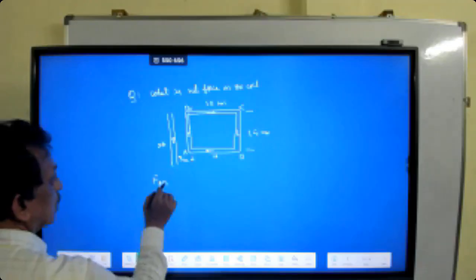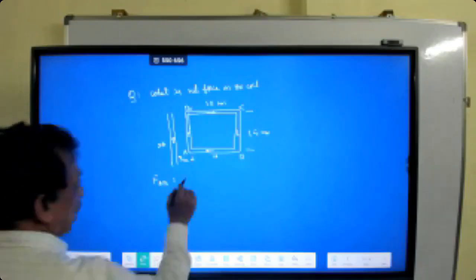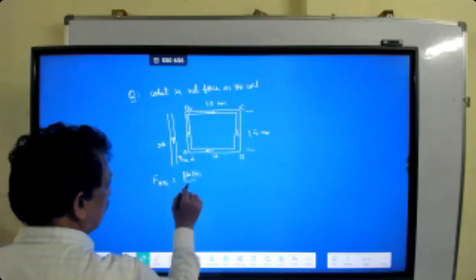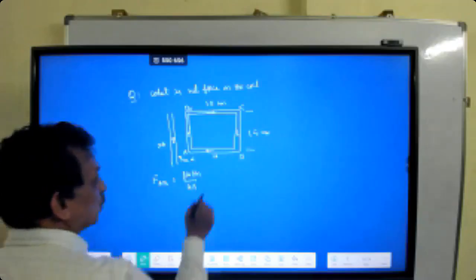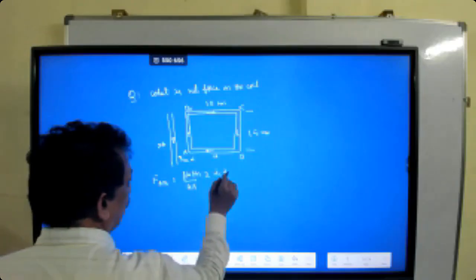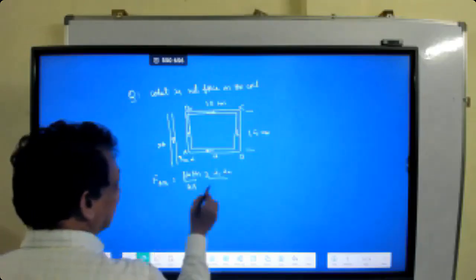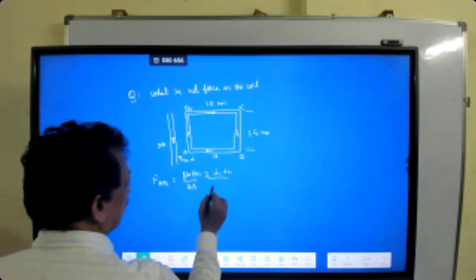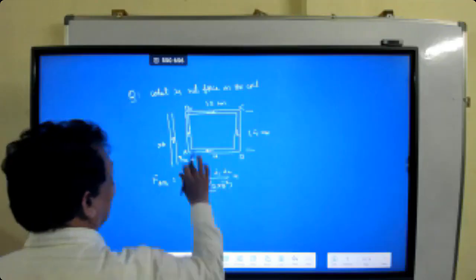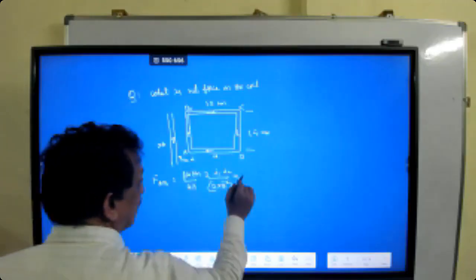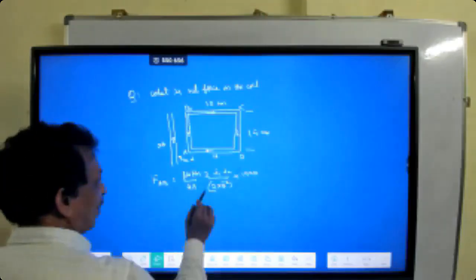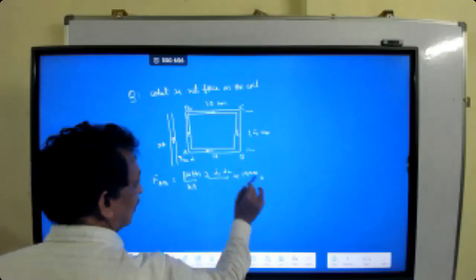FAB is equal to mu naught by 4 pi into 2 into I1 I2 divided by distance, 2 centimeter, into the length L, which is 15 centimeter.